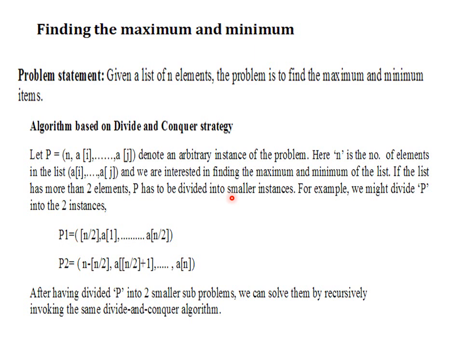So we can decide immediately that the maximum and minimum value is the same item. In the second situation, assume that the list contains two items. In this case, we require one comparison to decide which item is larger and which one is smaller.